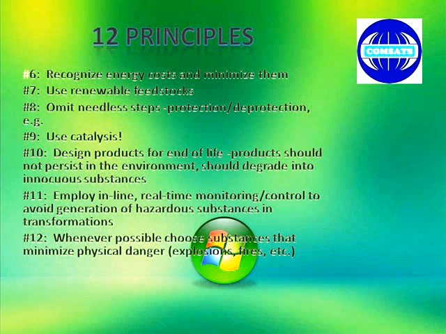The seventh principle is a raw material or feedstock should be renewable rather than depleting whenever technically and economically practicable. The eighth principle is reduce derivatives. Unnecessary derivation like blocking group, protection, deprotection, temporary modification should be avoided whenever possible.